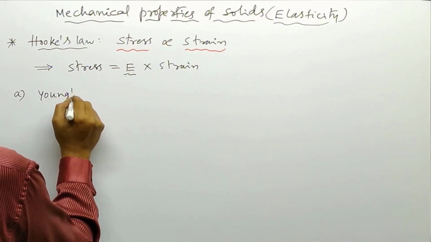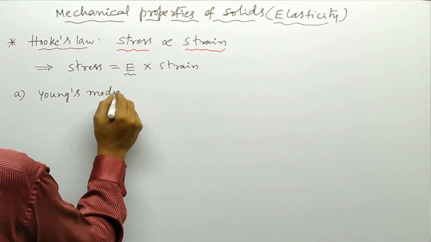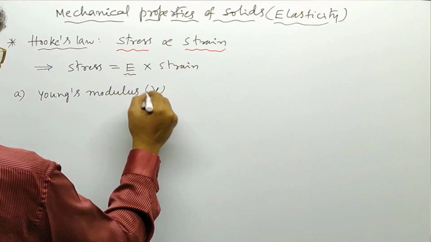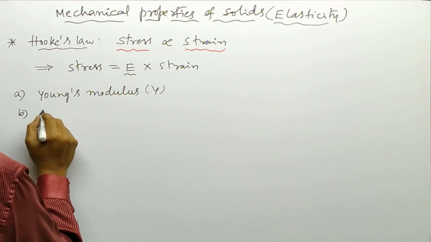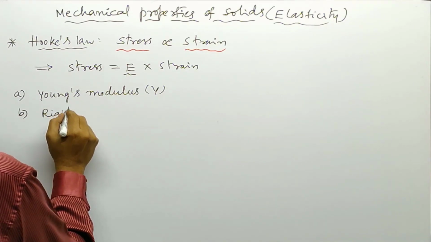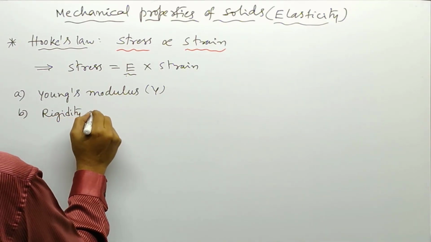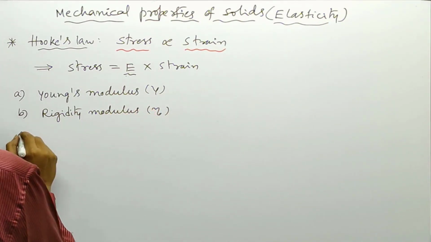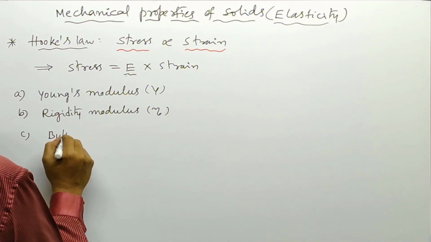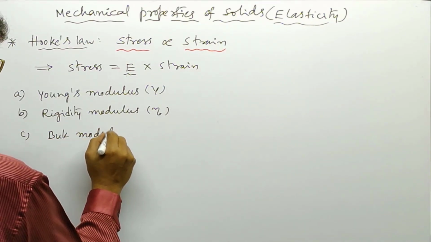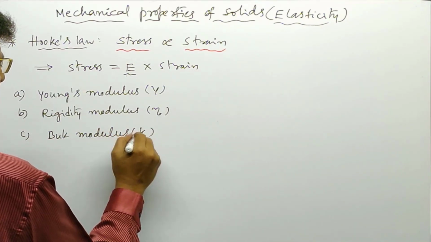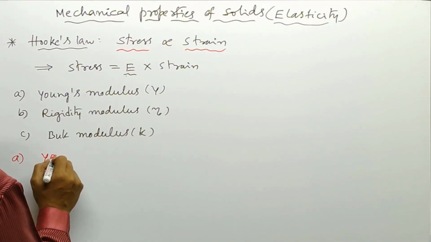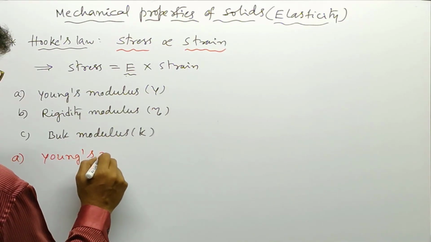They are Young's modulus, or elastic modulus, indicated with the letter Y, rigidity modulus, eta, and C, and bulk modulus, K. Let us first discuss Young's modulus.